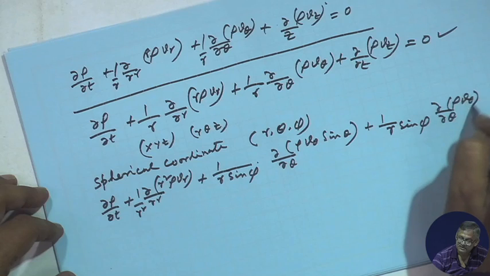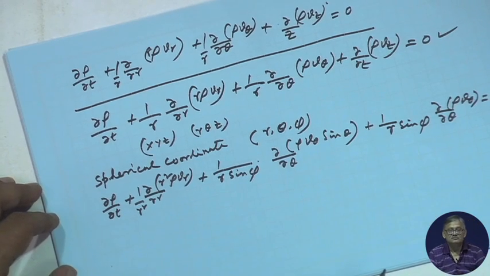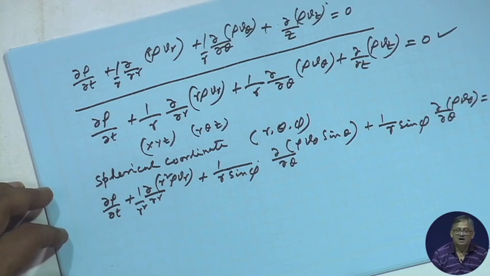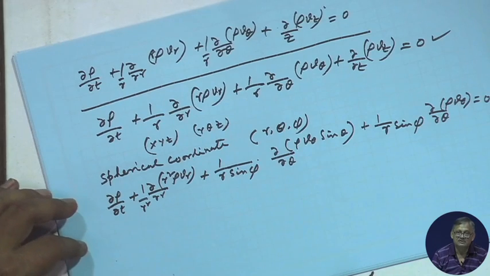So, this is equal to 0 for the r theta phi coordinate, that is spherical coordinate.